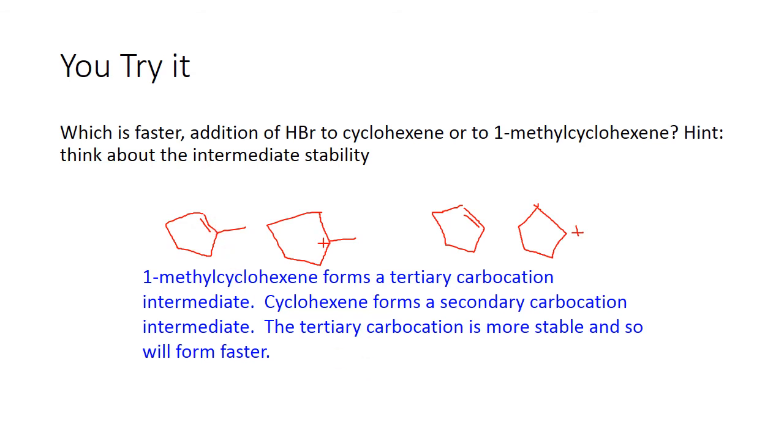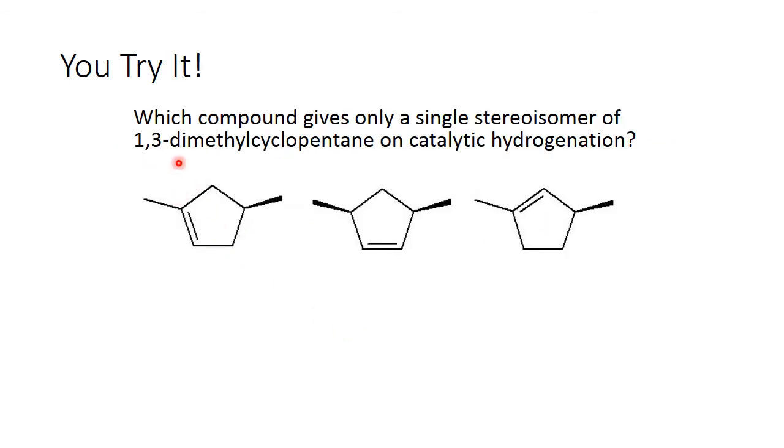This intermediate is secondary. And this intermediate will give only a single stereoisomer of 1,3-dimethylcyclopentane when hydrogenated with hydrogen over something like palladium. All of these compounds are going to give 1,3-dimethylcyclopentane.